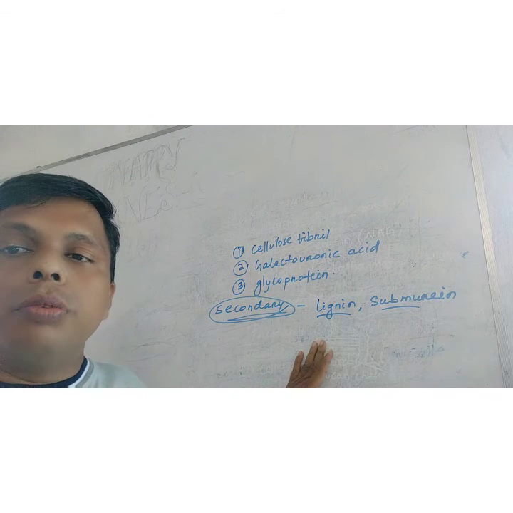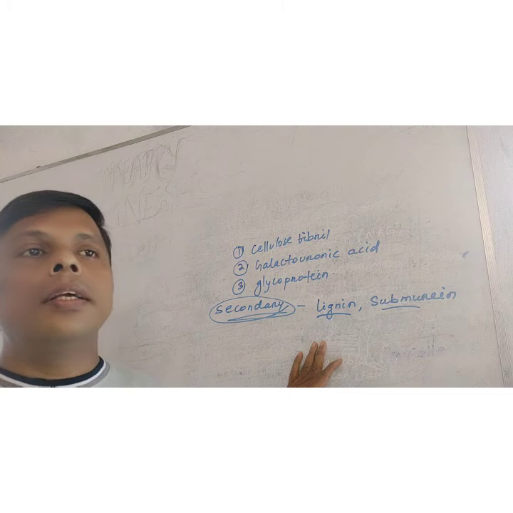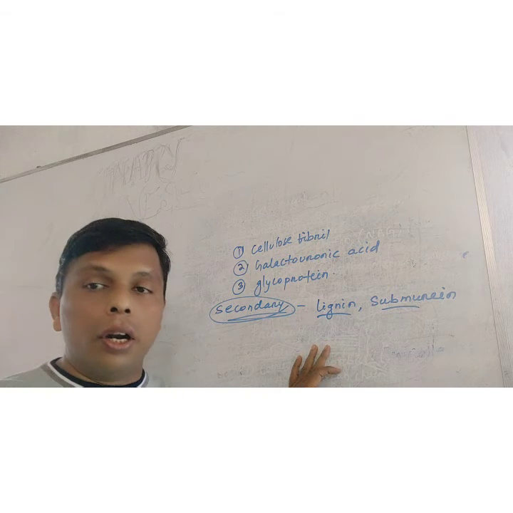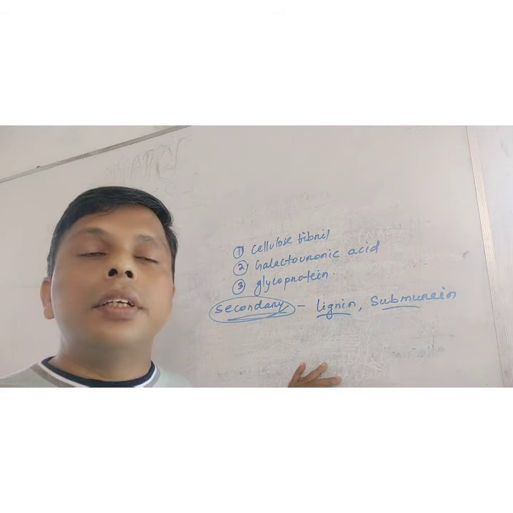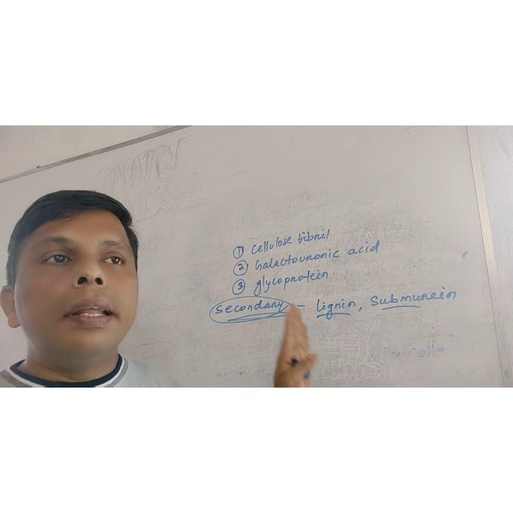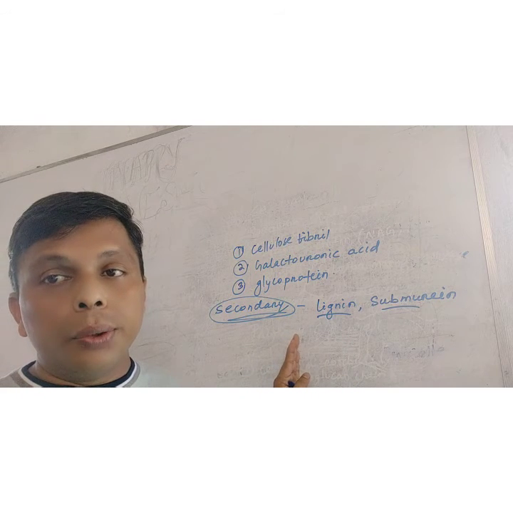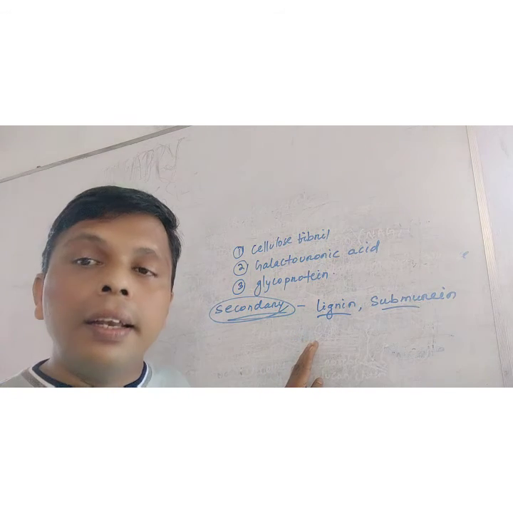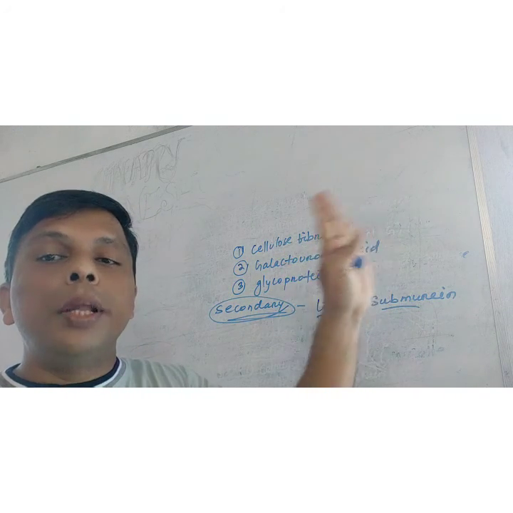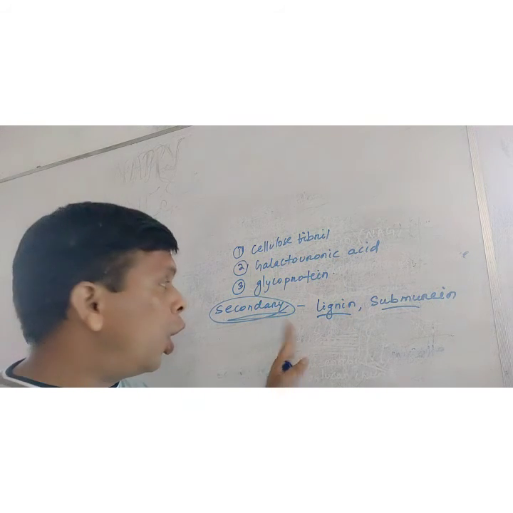The orientation of the cellulose fibrils in the secondary cell wall is orderly arranged, but in the primary cell wall it is not very ordered. It increases the strength of the cell and forms the woody part. Remember, the secondary is thick and rigid, and forms the woody part.